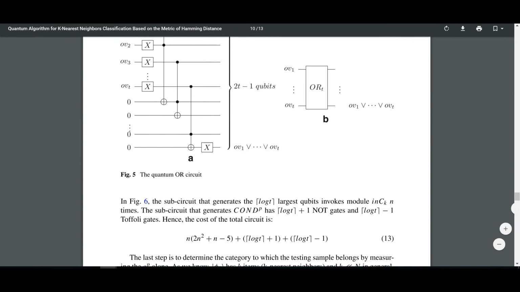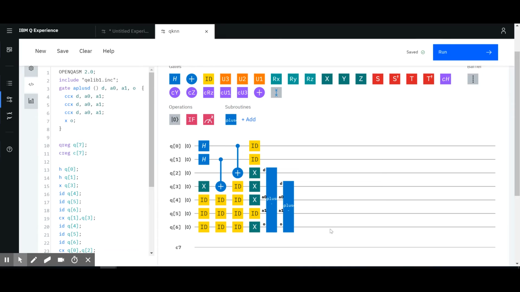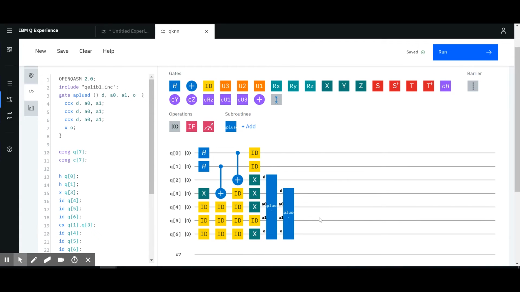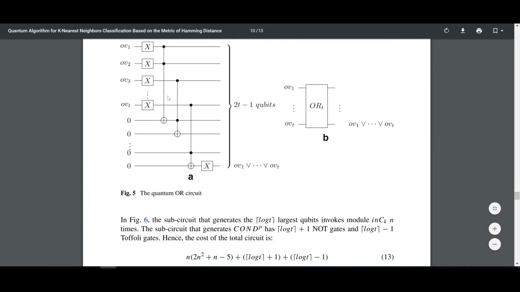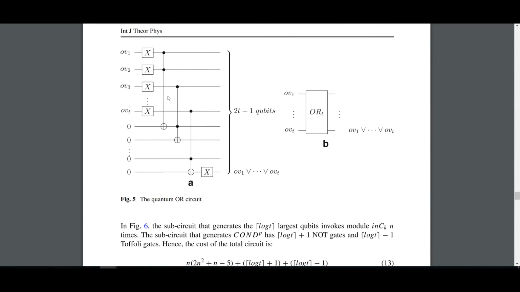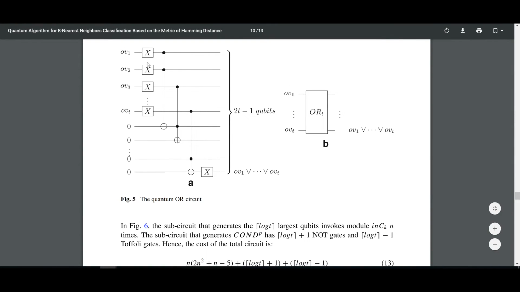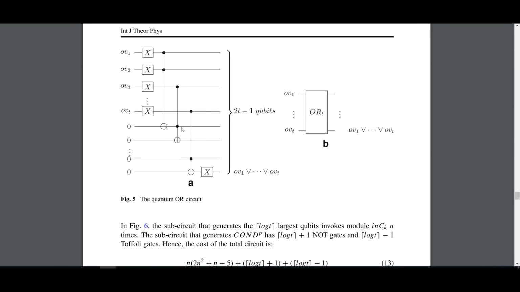An OR is 1 if any is a 1, right? So that's basically what they're probably doing here. They negate everything, and then it's Toffolis.